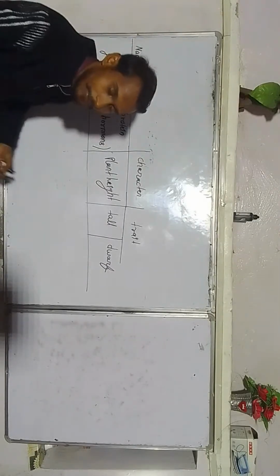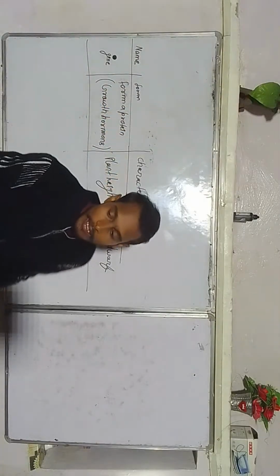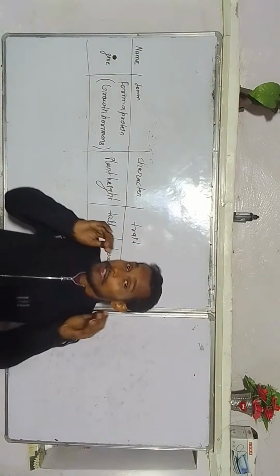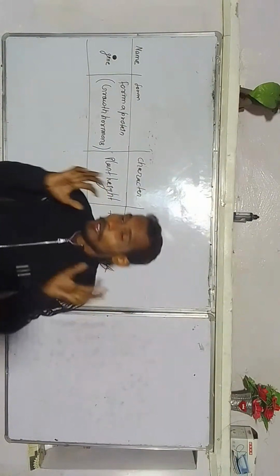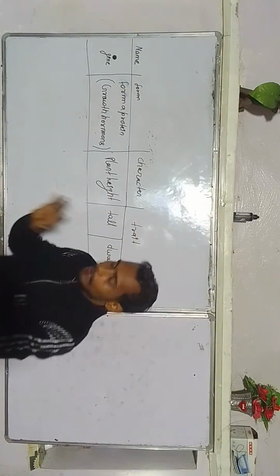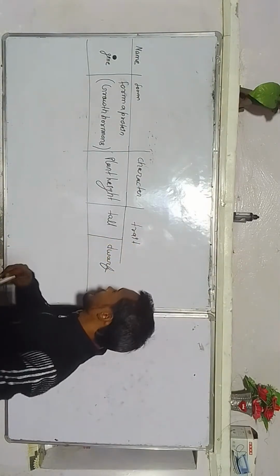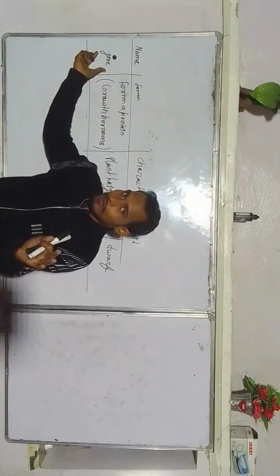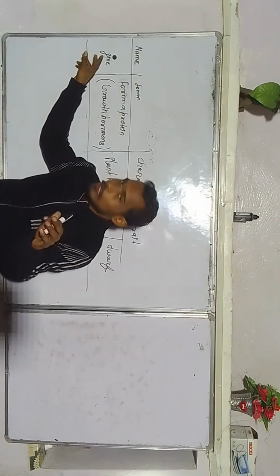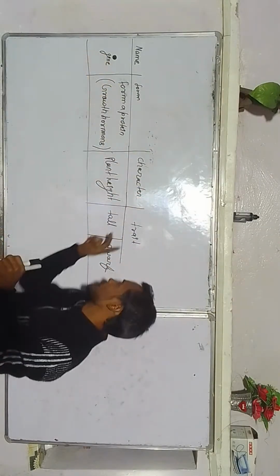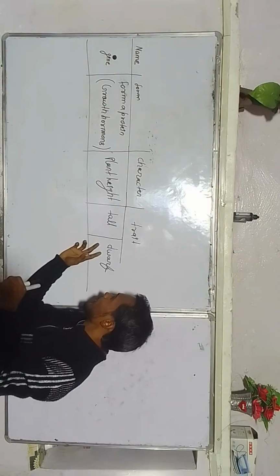Very good. I will take more examples and we are going to understand what is homozygous, what is heterozygous, what is dominant, what is allele. I must explain allele here. One gene, but it has two other forms: tall and dwarf.